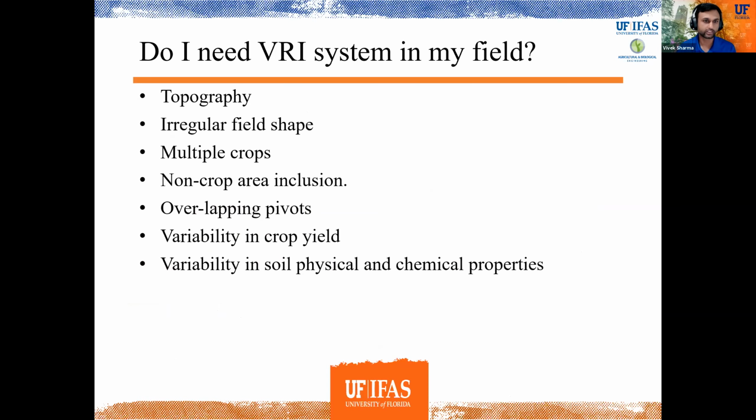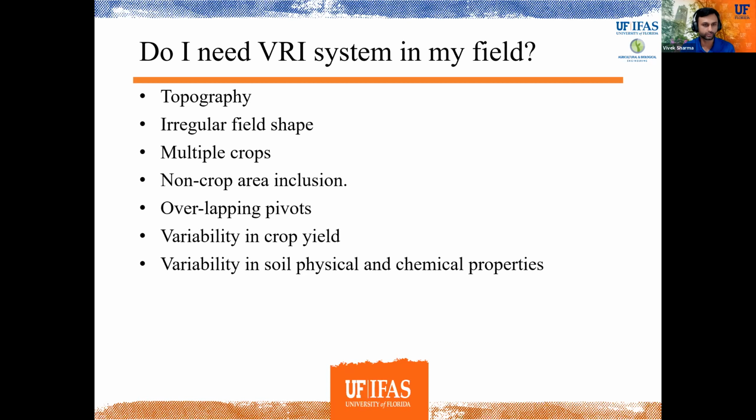Some of the variation in the field, for example, topography, you have irregular shapes, you have low spots in the field, if somebody is growing multiple crops under the same pivot or the same irrigation system, there is a non-crop area in the field, or there are overlapping pivots, or there may be a difference or variability in the soil physical and chemical properties.